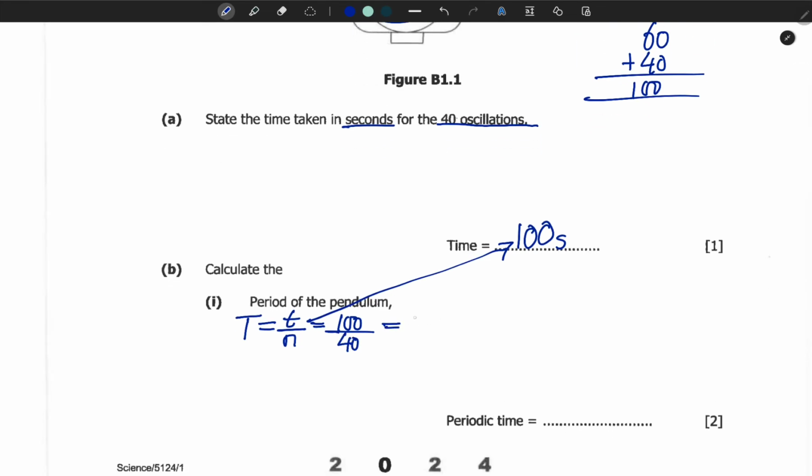If you divide these two numbers, you get 2.5, then the units are seconds. So this simply means that after 2.5 seconds, one complete oscillation was made.